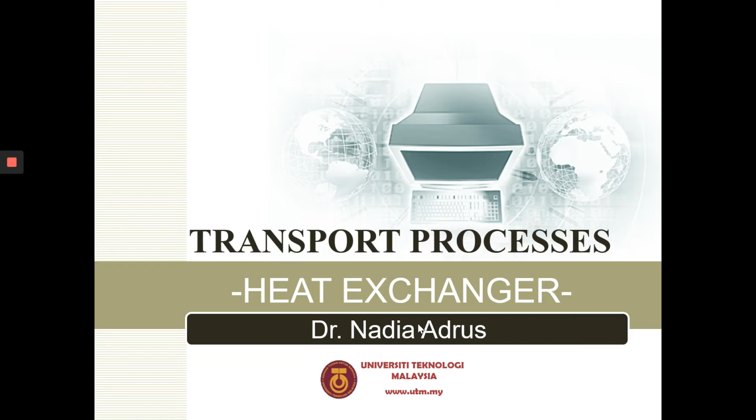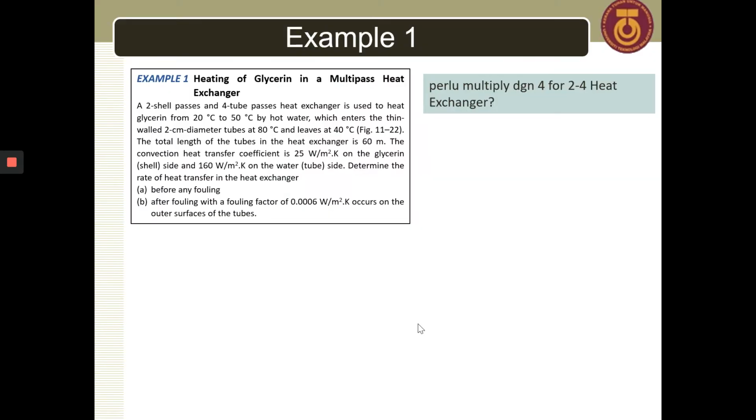Let's start with this one first. This one I think you have seen in the previous part, in part 1. From this question, we analyzed whether it is necessary to multiply by 4 for the heat exchanger here.